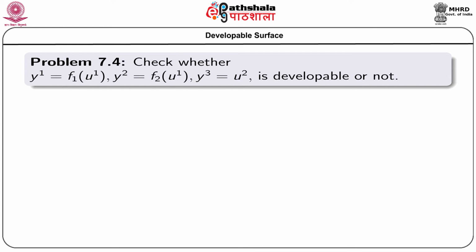Now, let us check whether this given surface is developable or not. Y1 is given as a function of u1, Y2 is also a function of u1, and Y3 is equal to u2. This is an arbitrary surface, and we are checking whether it is developable or not.